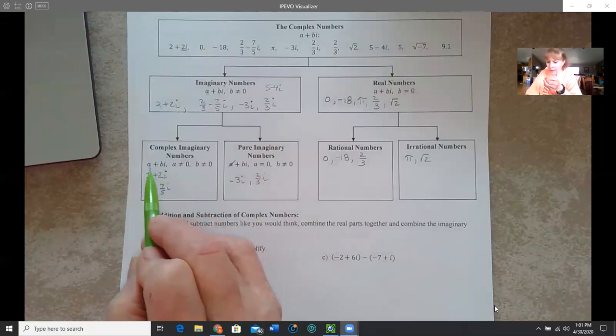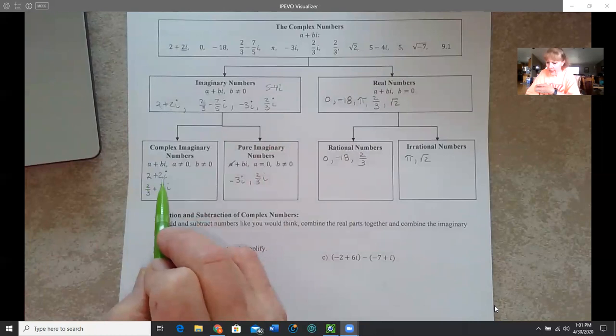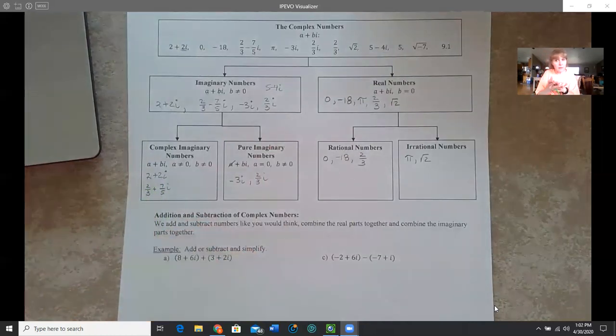So when you have a real and an imaginary, they'll be separated by either a plus sign or a subtraction sign, always. So the real and the imaginary will be separated by a plus or minus sign in your complex numbers.